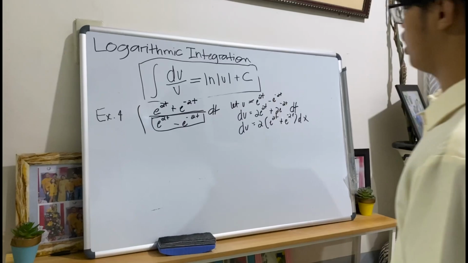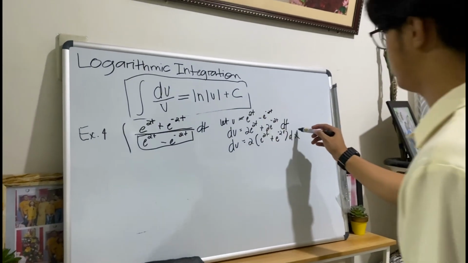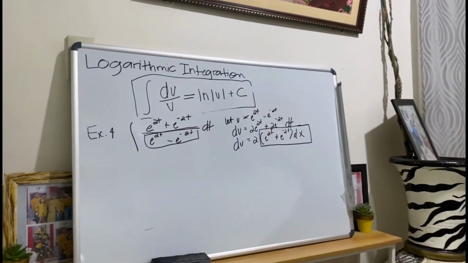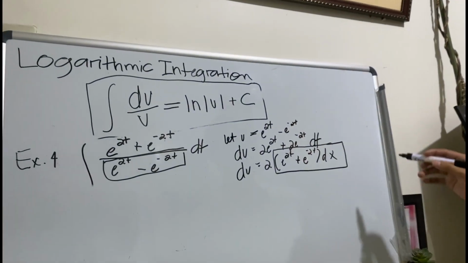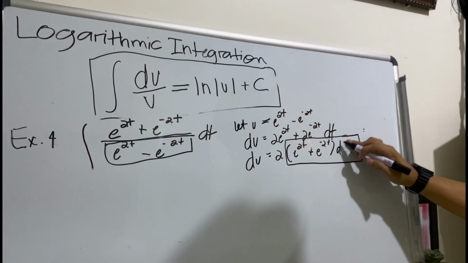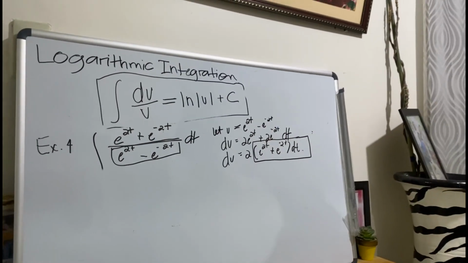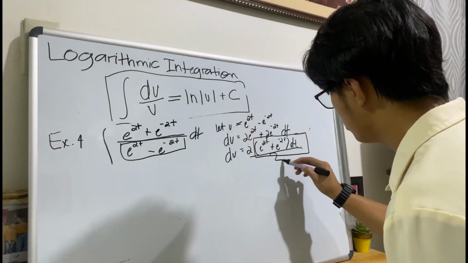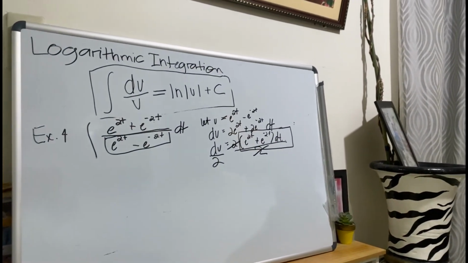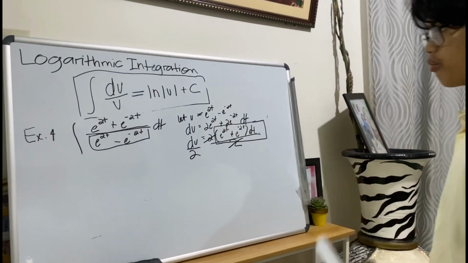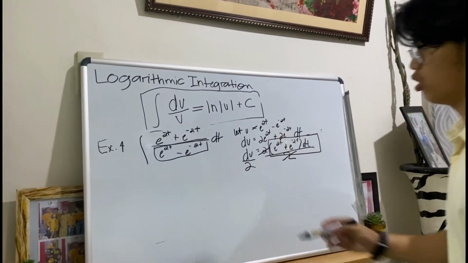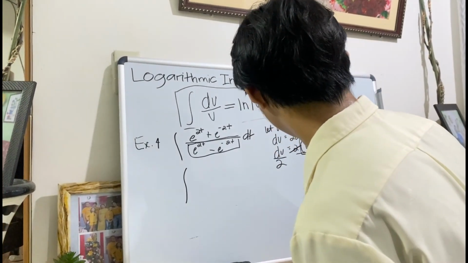So we have now this. If you look at our problem, this is our numerator. So if we just cancel 2 here and put this on the other side, we can now use this formula. So let's substitute our value.